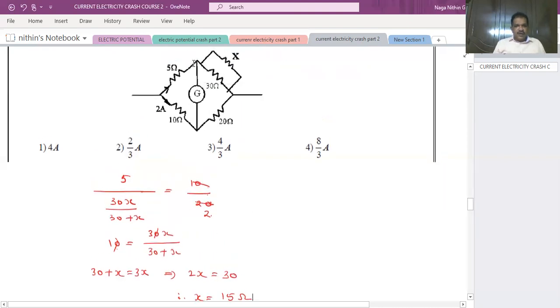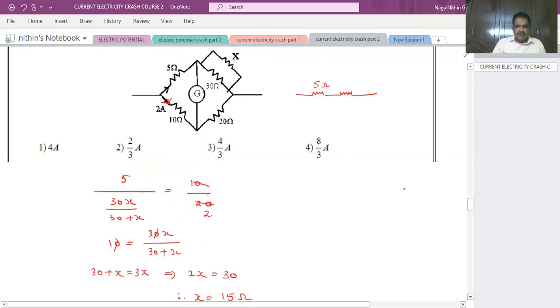Now, no current is flowing through this. In this 2 amperes is flowing. How will the circuit be? Here 5 ohm. Here 30, 15.